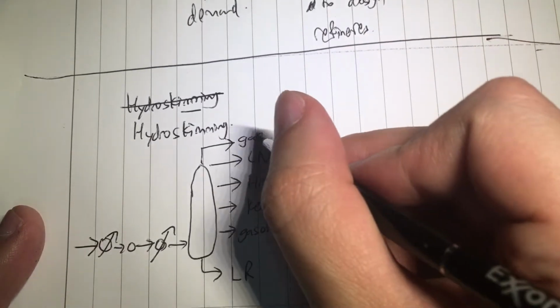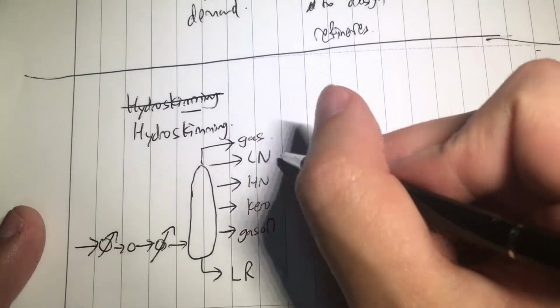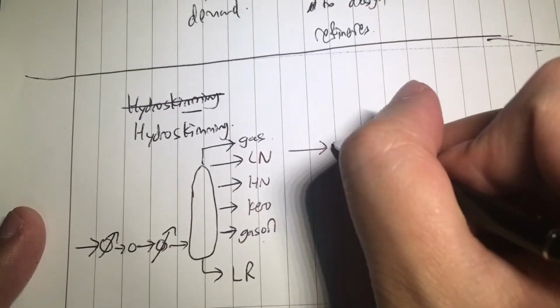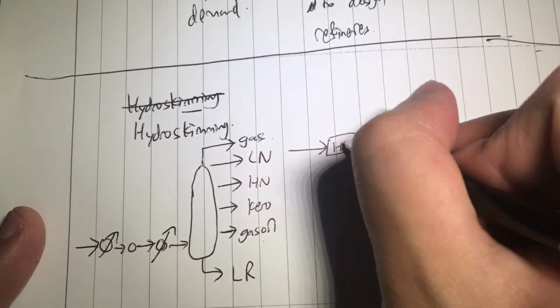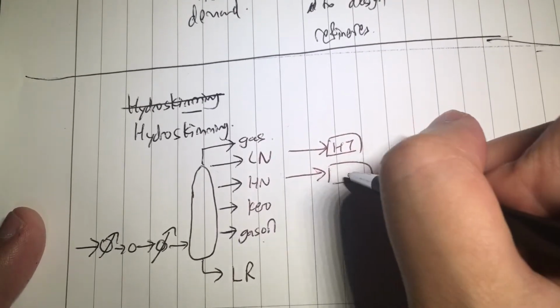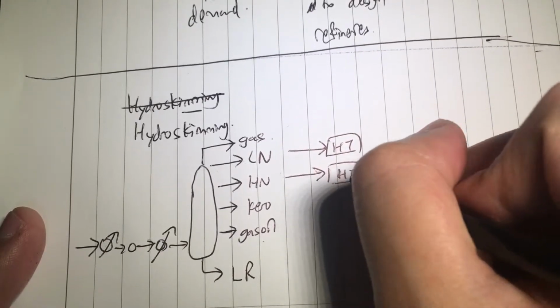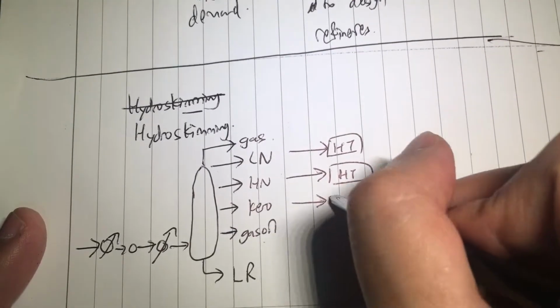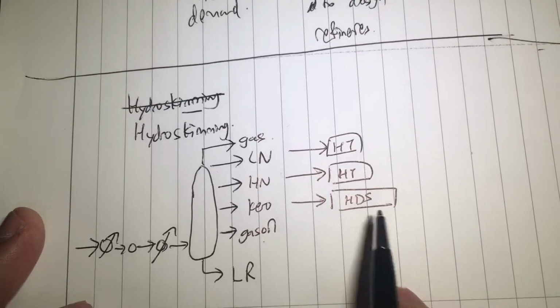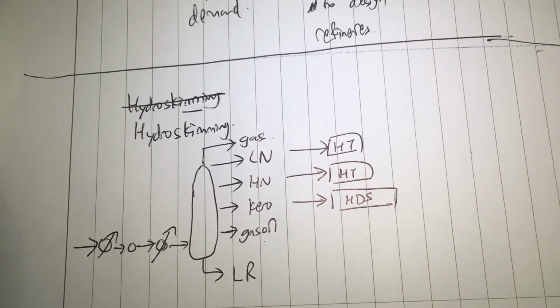Now, what do we do with the gas, with the naphthas, and all that kind of stuff? With the naphthas, you send them through the hydrotreater. Sometimes they call it the HDS process. So hydrodesulfurization is one type of hydrotreater. The idea is to get rid of sulfur.